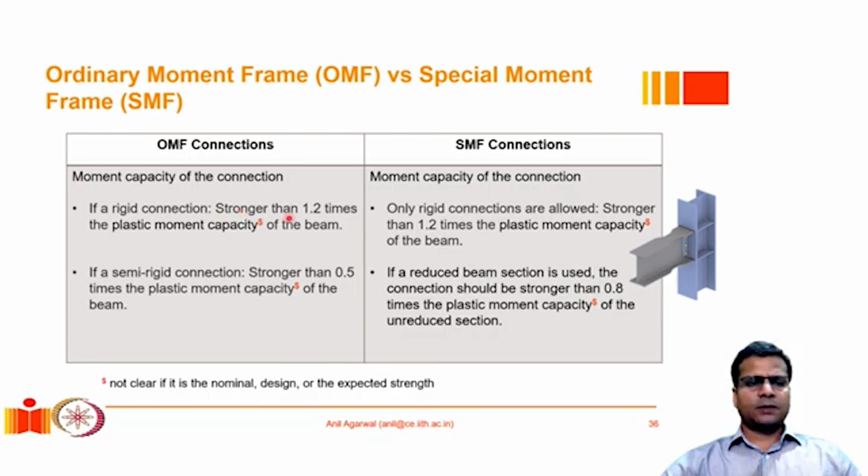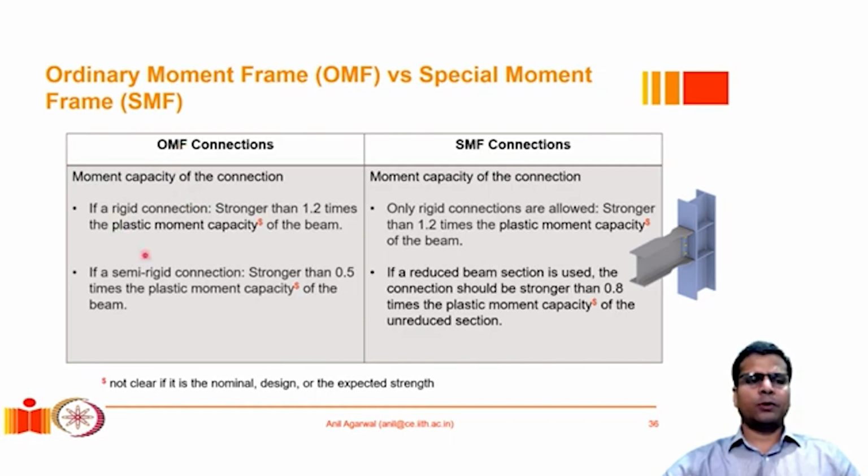So, as we have just seen, the existing code IS 800 requires that the columns should be stronger by more than 20% than the beams. So the columns' moment capacity should be at least 20% greater than the beams' moment capacity, and that is true even for ordinary moment frame and special moment frame if they are using rigid connections.